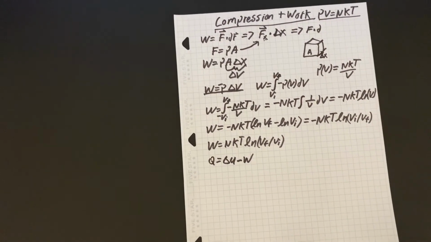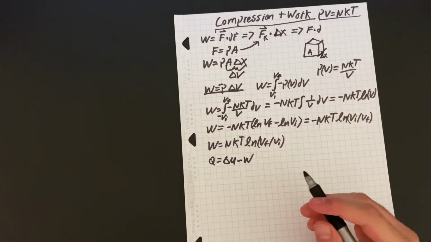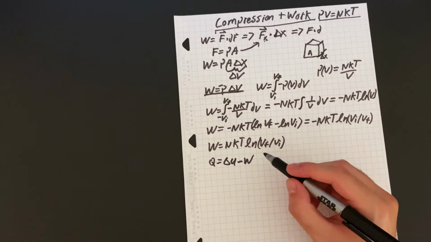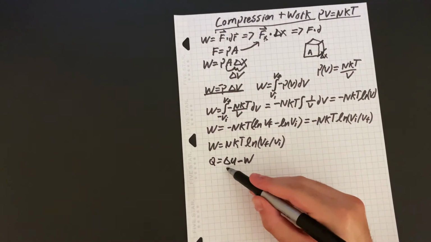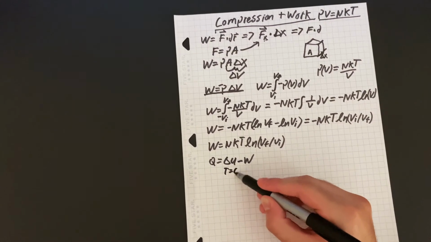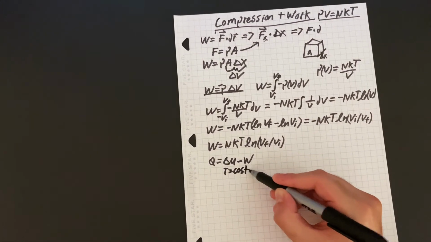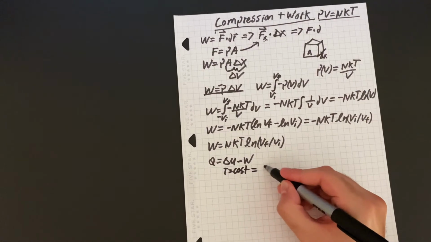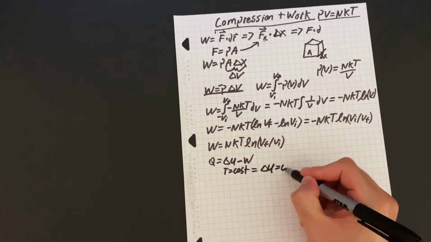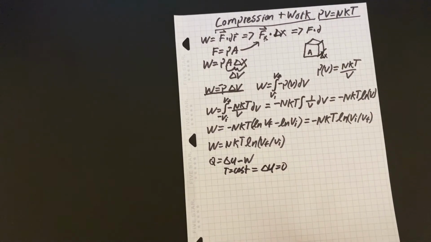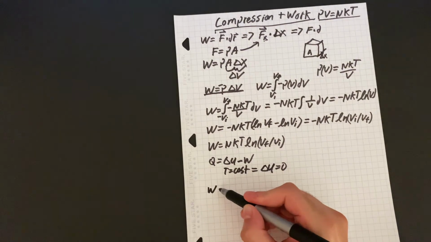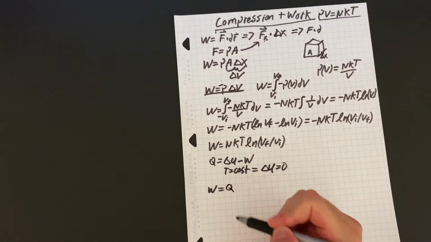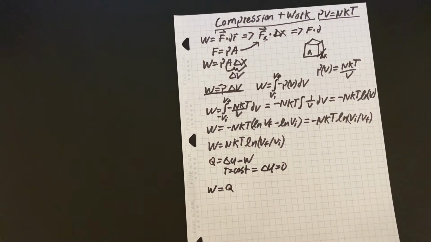There's no energy change because the temperature is going to be constant. So what we have to assume then, if temperature equals constant, delta U equals 0. There's going to be no change in energy in this system. So the work done has to equal the heat of the system, the heat flowing in the system.